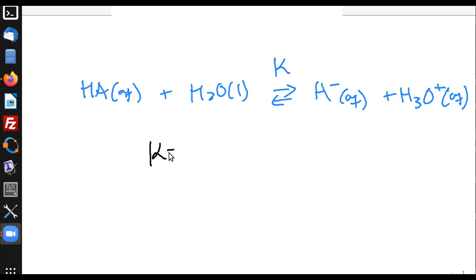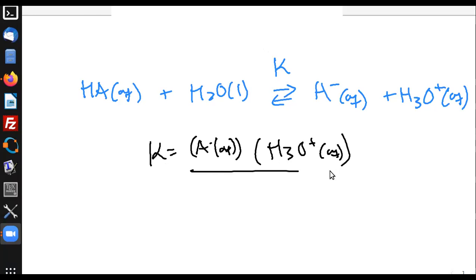So the equilibrium constant is the right-hand side, the A minus times the H3O plus, divided by the left-hand side, the HA times the water.